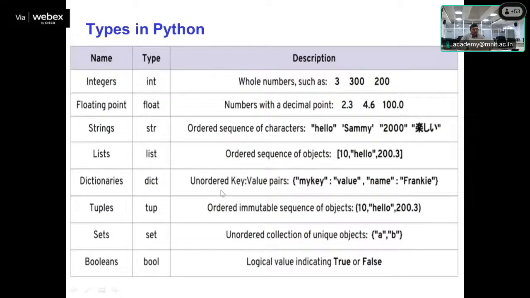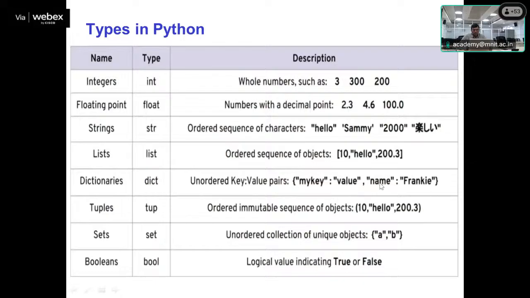Dictionary, which is an unordered collection of key-value pairs. Here you can see this is represented with curly braces, having pairs of a key and then a value with a colon. So this is the first pair, my key colon value, name Frankie.